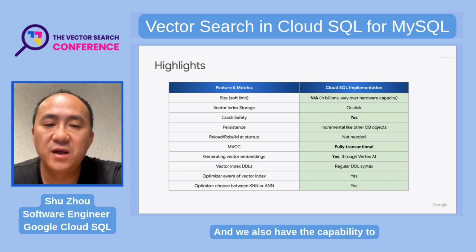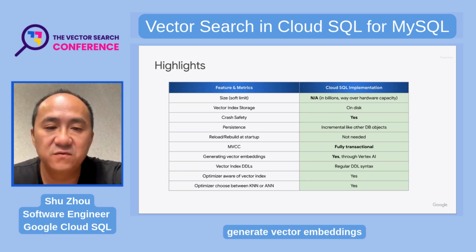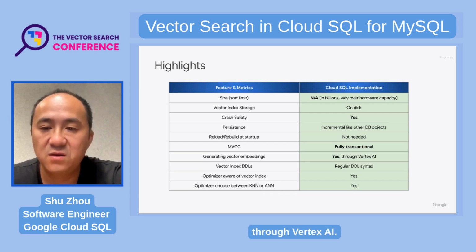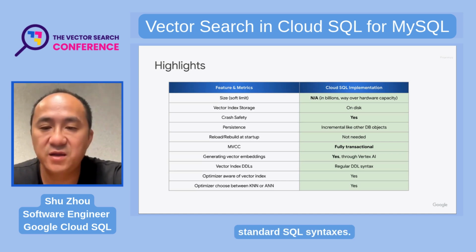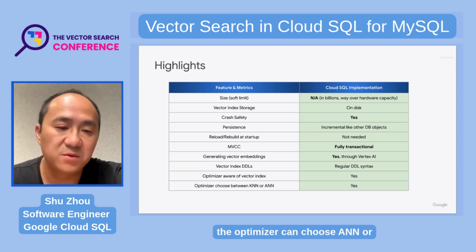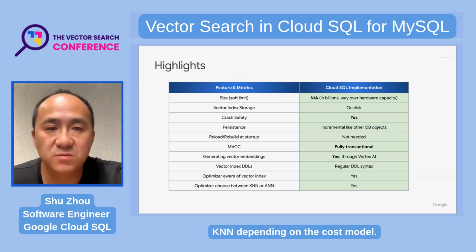And we also have the capability to generate vector embeddings through Vertex AI. Our DDLs and also DMLs are all regular standard SQL syntax. The existence of the vector indexes is known by the optimizer. Therefore, the optimizer can choose ANN or KNN depending on the cost model.